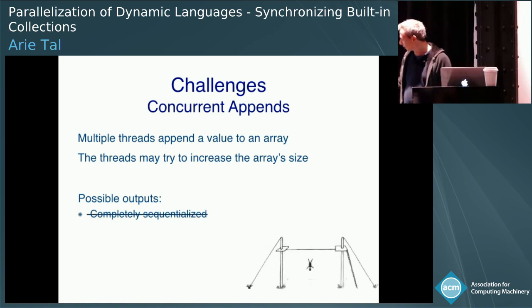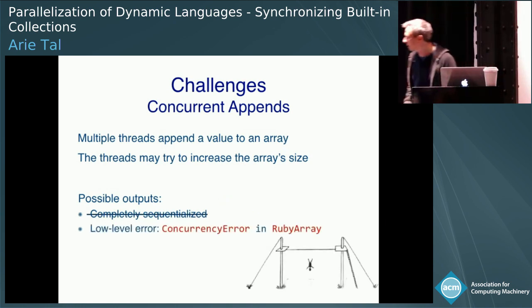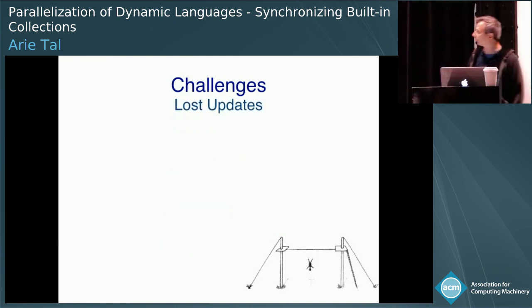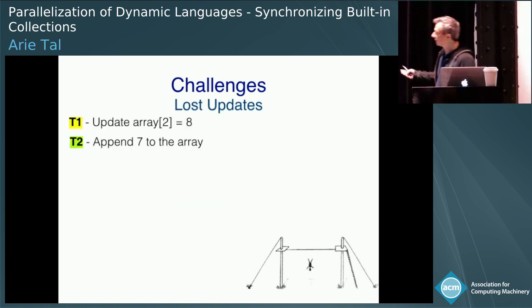If we don't have the GIL, if we remove the thread safety requirement, then we can run into concurrency errors, VM errors and other things that the user would not expect to get when they run their code. Or we could get some lost updates. For example, say we have two threads. One of them is updating the array and another is appending to the array.